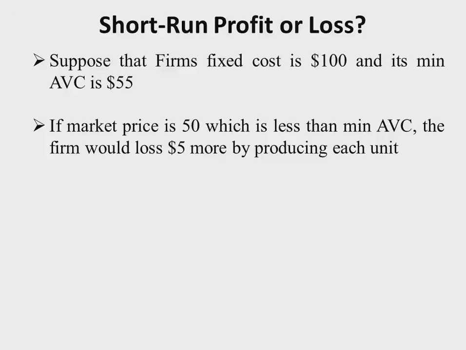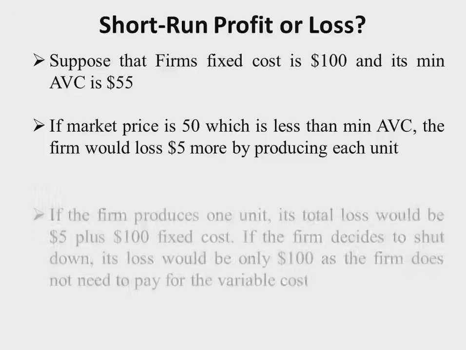This is because the price has been set below the minimum average variable cost, and that means that the 5 is as a result of the variable cost. And if the firm continues to produce, it will be incurring this $5 in excess to what it already has to pay for the fixed costs.